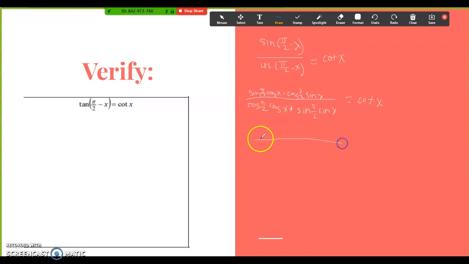So in the numerator, I have 1 times the cosine of x minus 0 times the sine of x, over 0 times cosine of x plus 1 times sine of x.